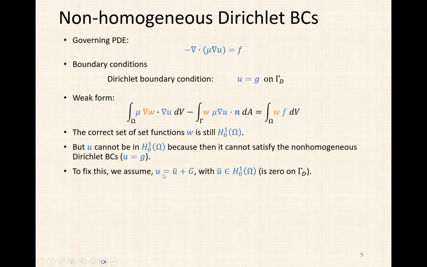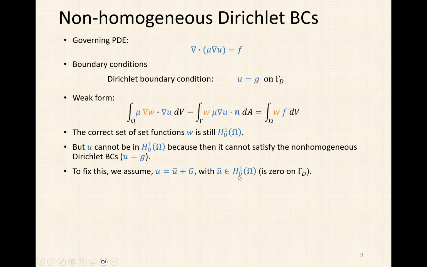What we do to fix this is we assume that the solution field u is a combination of u bar and G, where u bar is the solution for the PDE satisfying u equal to 0.